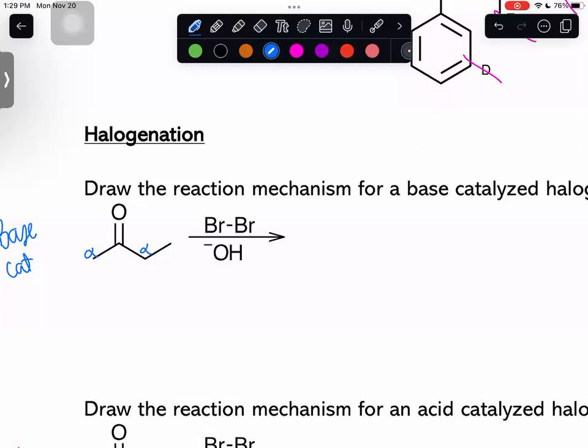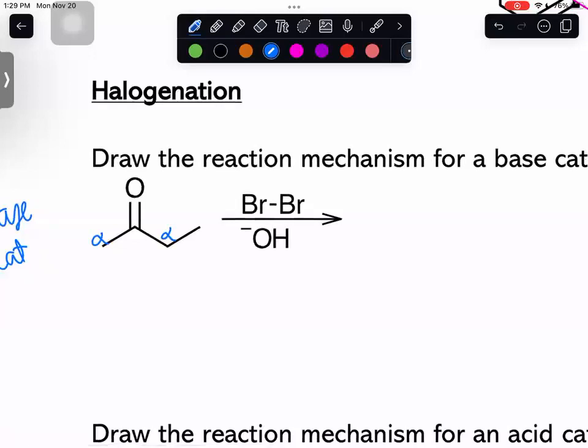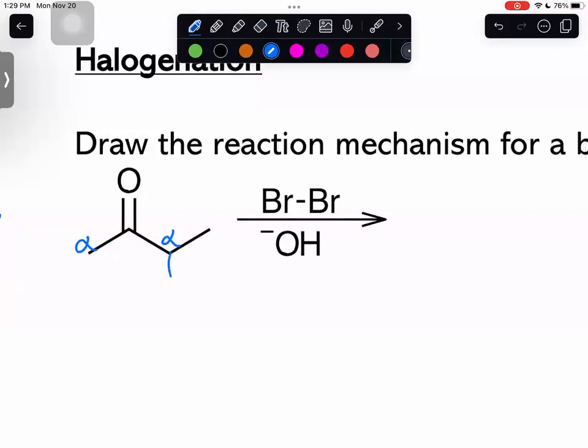But for the first ones, we're just going to be working with ketones or aldehydes. Now remember, the main focus of the chapter is the alpha positions. Why? Because they're very acidic. And remember, we're always trying to create the most stable molecule. So you're going to focus specifically on the alpha position that's most substituted.